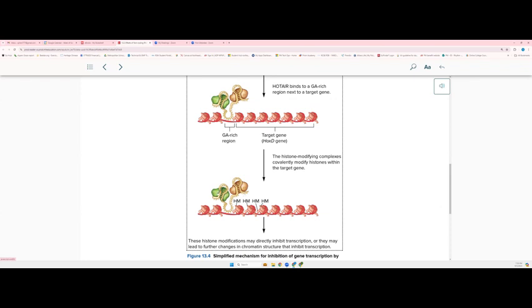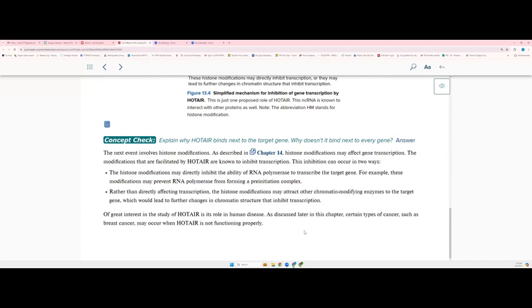So they can modify the histone, and because the histone gets modified, it will cause the inhibition of transcription, and they can also lead to further change in the chromatin structure, which also inhibits the transcription.